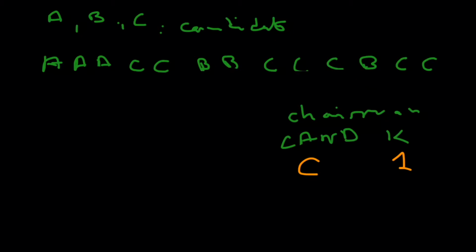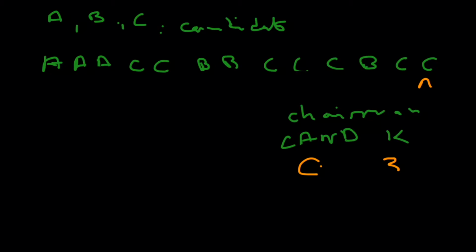We continue again, and now we are here in C, and C is equal to the candidate, so we can just increment K. And we'll go to the next, which is this C here, which is the same as candidate, that means we can just increment K again.